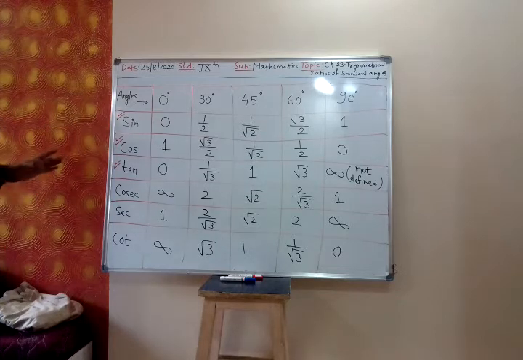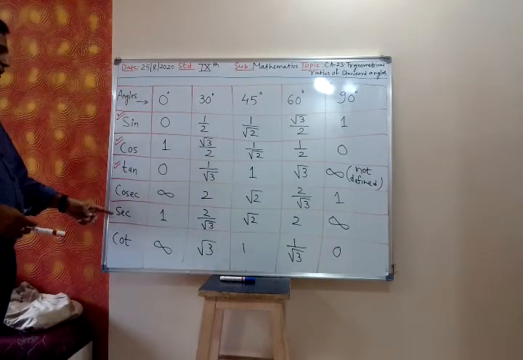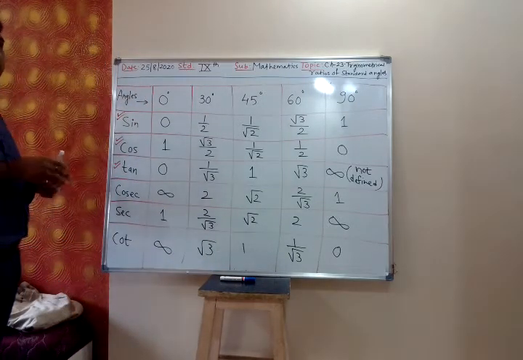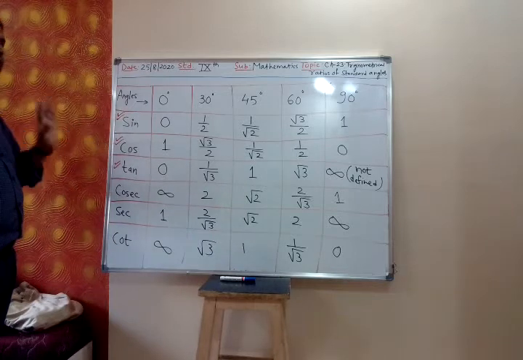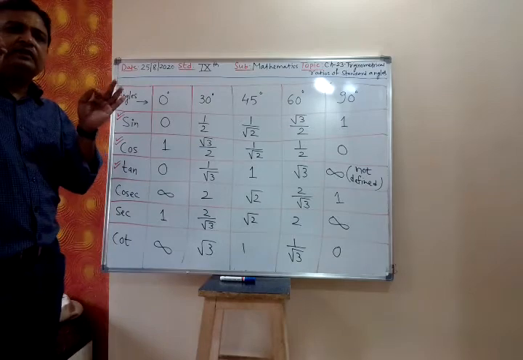So with this chart for 0, 30, 45, 60 and 90 degrees, you have to remember these values. I will advise you, instead of remembering all 6 trigonometrical ratios, you only remember the basic sine, cos, tan.